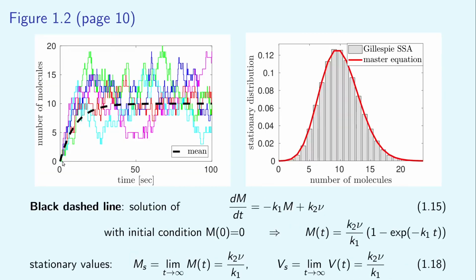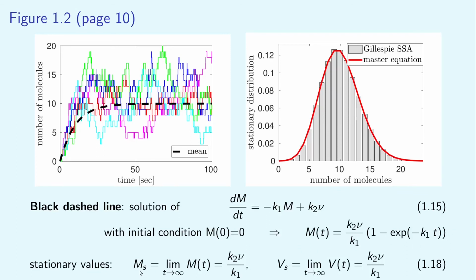Therefore, in figure 1.2, this black dashed line can be obtained by solving this ordinary differential equation for the mean m with the initial condition that the mean at time 0 is 0, which gives this formula. We can also calculate the stationary value of the mean ms either from this ODE by putting the right-hand side equal to 0 or from this solution formula.